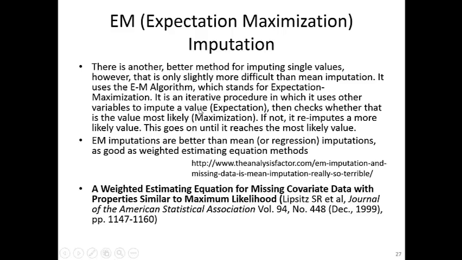They use the values of non-missing variables to impute the missing ones, then compute the maximum likelihood and see how likely the missing value is. If it is not the maximum value, it repeats iterations and re-imputes based on the observed values, then checks maximization, and it stops when it reaches the most likely value. So this iteration process makes EM imputation better than the regression method.